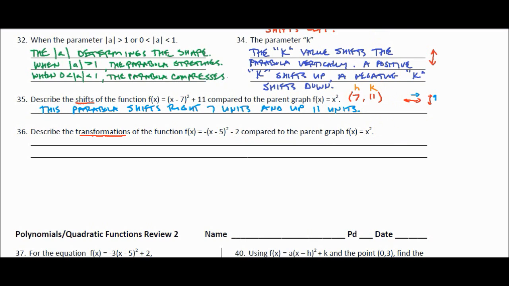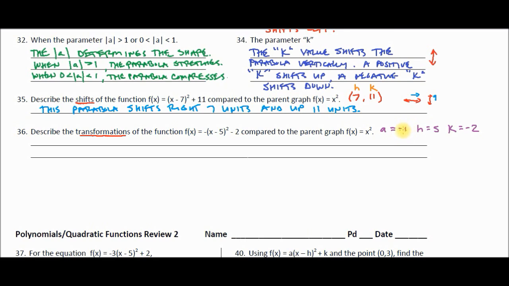Let's figure out what A is. A is negative 1. There's our value of A. H is positive 5, and K is negative 2. So here's what's happening. 1 means the shape of the parabola is the same as the parent graph.